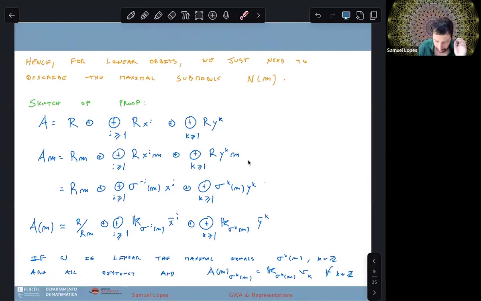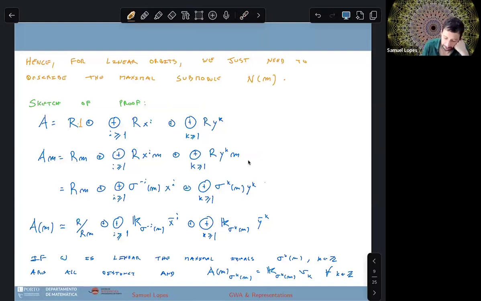There are more details in the slides, but I prefer to give you the important idea that will help you understand what's going on here. We've seen that the generalized Weyl algebra has a nice basis with respect to R, given by the powers of x, the powers of y, and I've isolated here the element 1, which I could have inserted here to make it more conspicuous.